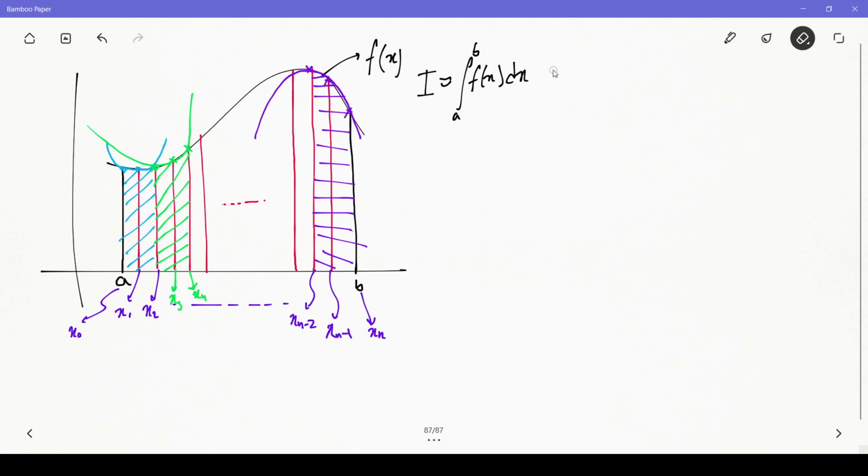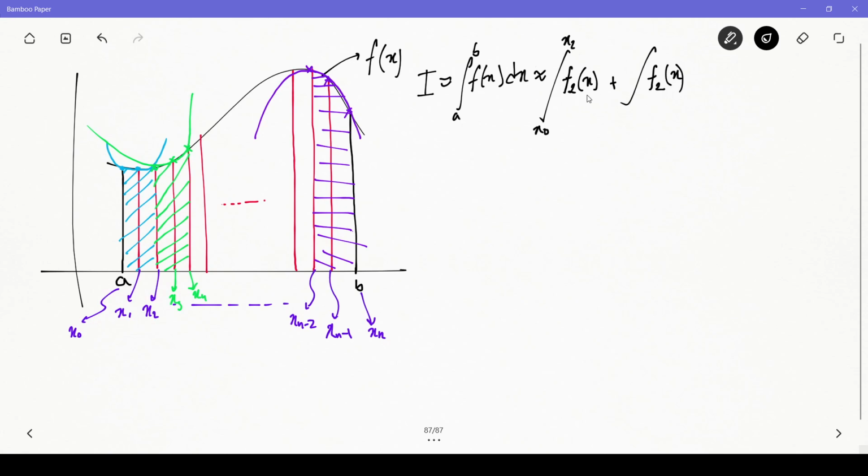We can approximate this value as the integration of a second order polynomial from the lower limit x naught up to x2, plus the integration of another f sub 2 of x.